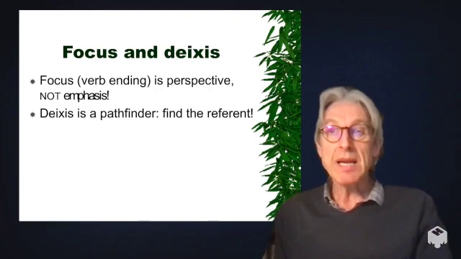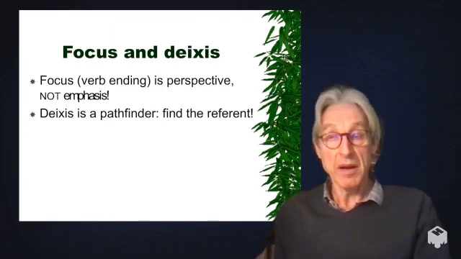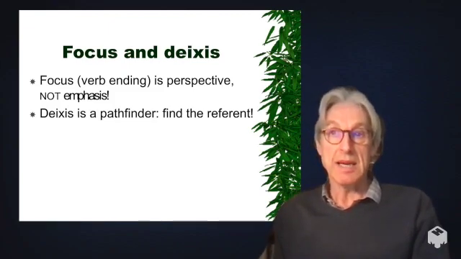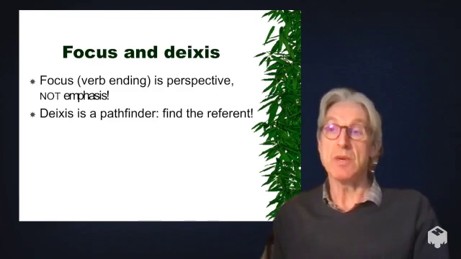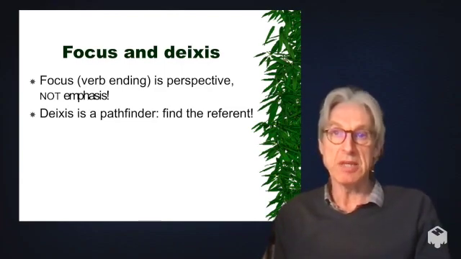So this only indicates the perspective taken by the speaker on the narrated reality. Focus in Columbia School does not mean emphasis, which may be how it is interpreted in everyday speech.